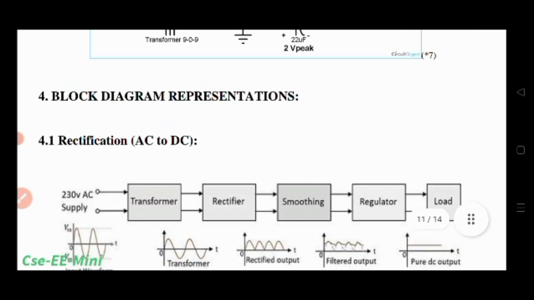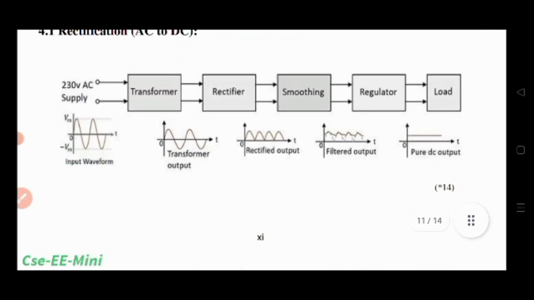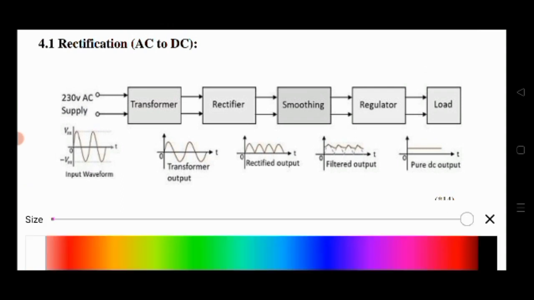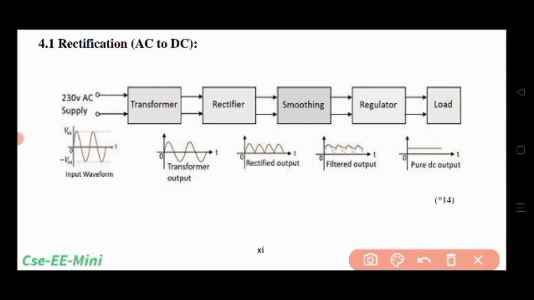So now let us move to the block diagram. These are the block diagrams you can see here. Here we can see that the transformer is the first part, and then the rectifier. This is the graph for the full wave rectification, as we can see here, because in half wave rectification the graph is like that.